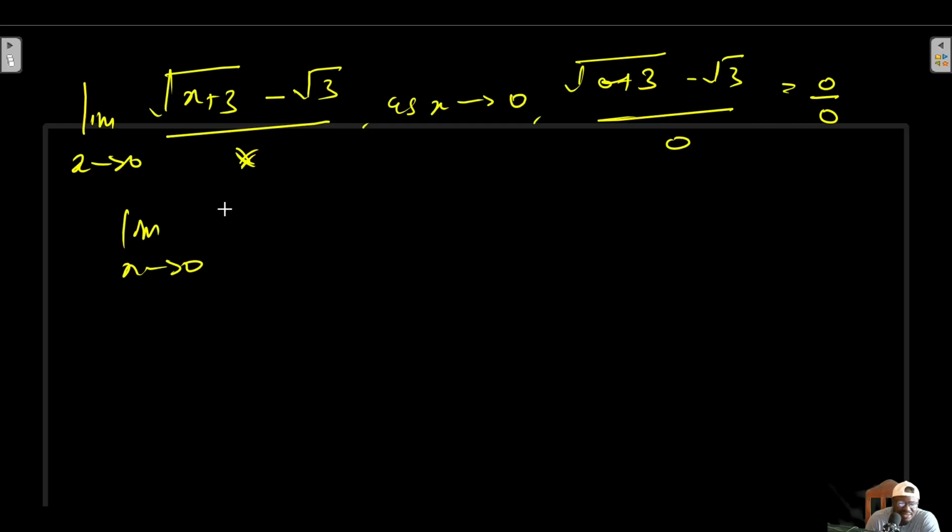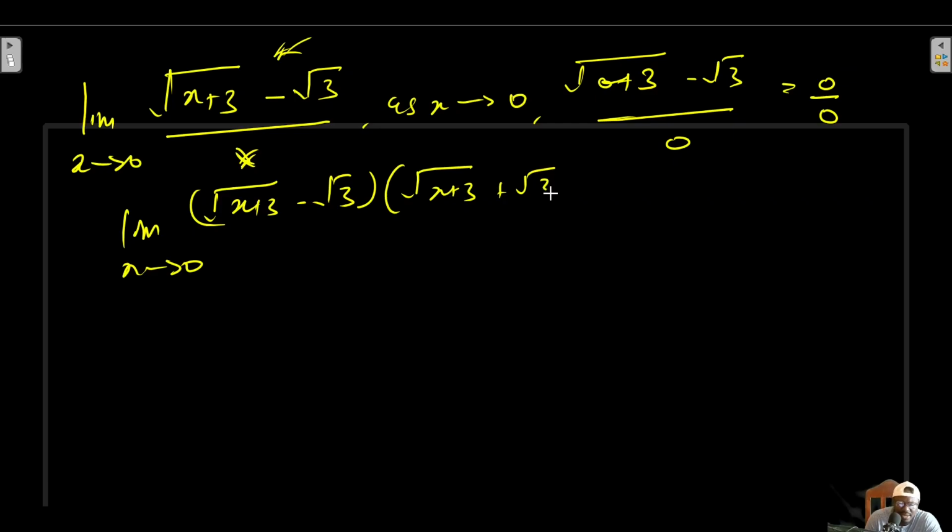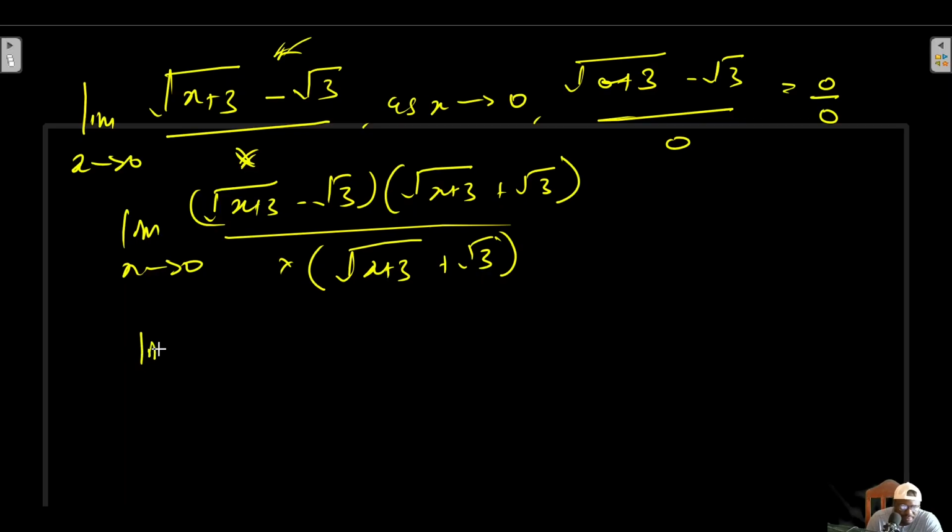So we rationalize. I multiply the numerator and the denominator by the conjugate pair of this. Multiplying by root of x plus 3 plus root 3, and here the job is done. Now, the numerator is basically the difference of two squares, right?